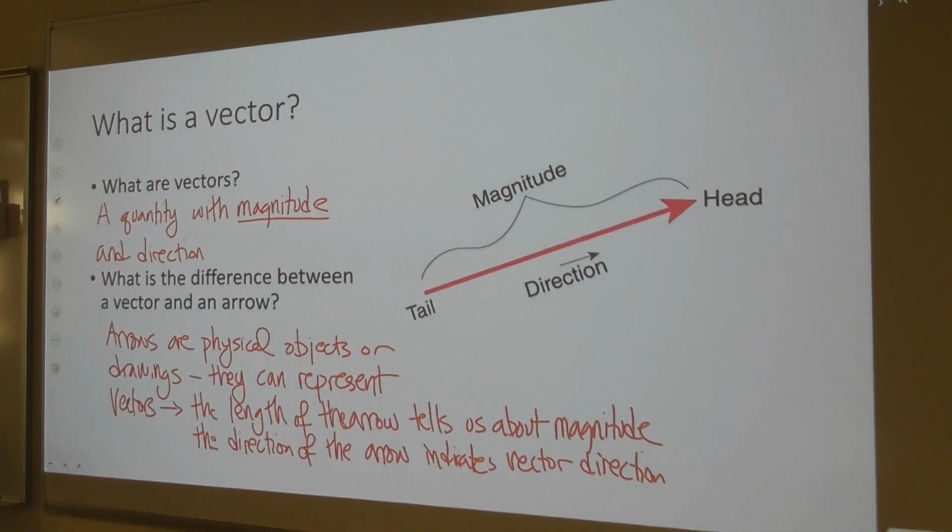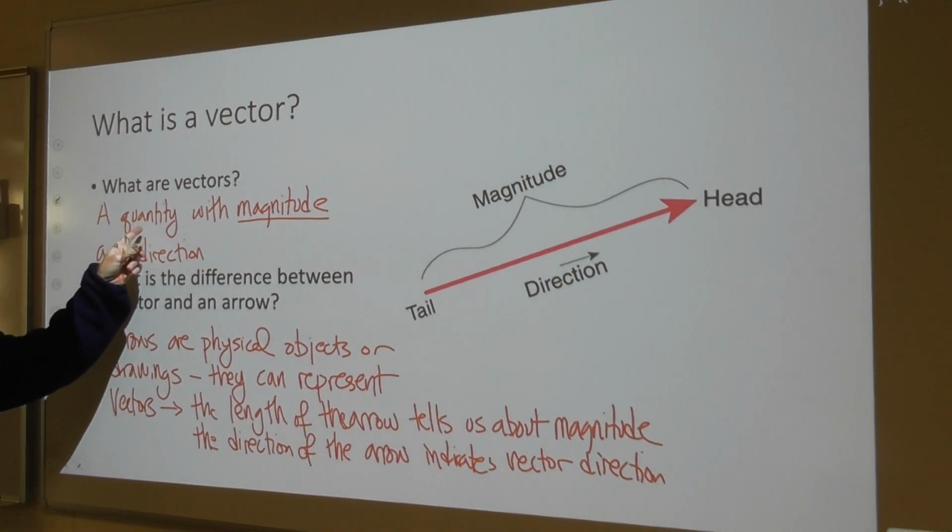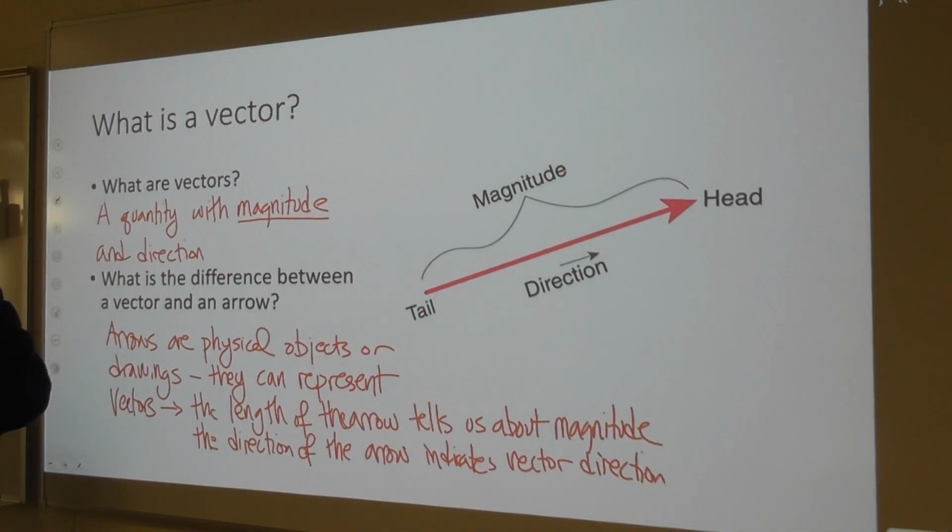We're going to do mathematical stuff to the arrows, but arrows aren't vectors, which means we can't take an arrow that represents a force vector and combine it with an arrow that represents a displacement vector. We can put those two arrows together and do some math with them, but we'll get garbage if we do that because they aren't actually the same kind of quantity. That's where it gets confusing, because we're going to use arrows to represent different types of quantities. They're all going to look the same on paper.